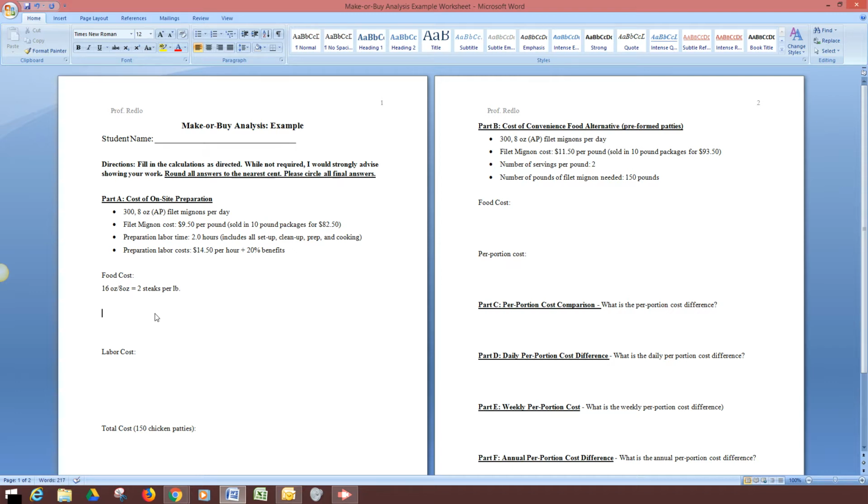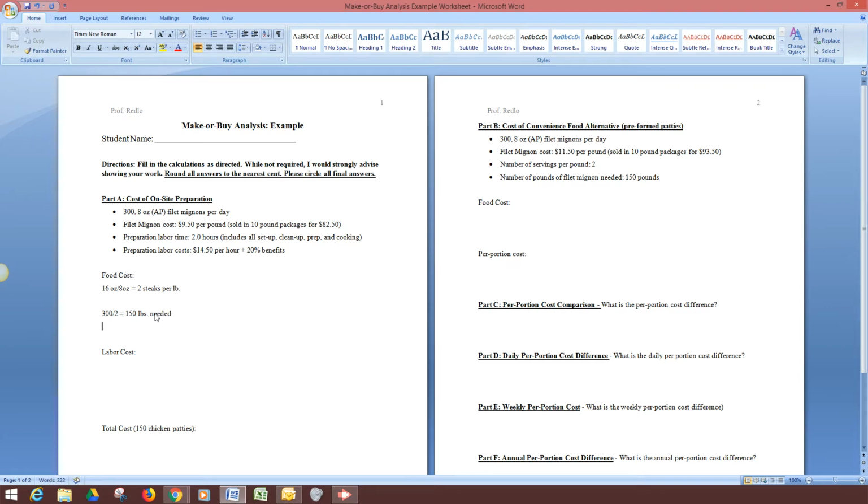So the next step is to figure out how many total pounds we need. Well, if we need 300 servings and there are 2 steaks in a pound, so 300 over 2, that tells us that we need 150 pounds of meat.